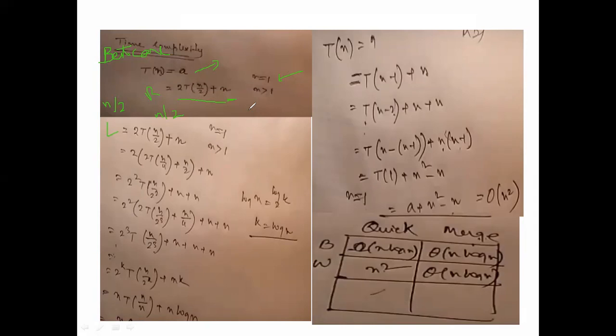We have to find how much time it takes to move the pivot element into its proper position. That we calculate as the n value. So n is nothing but the time taken to partition, to find the pivot's particular position.